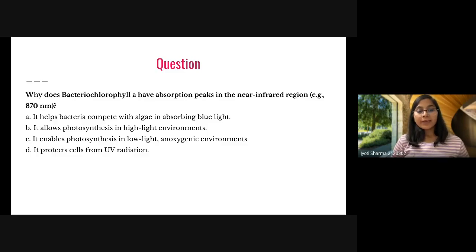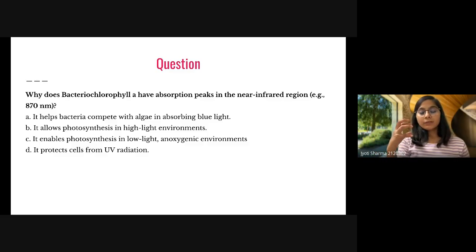Why does bacteriochlorophyll A have the absorption peak in infrared radiation? Such bacteria live not on the top of the river or lake, but at the bottom, where they do not have much sunlight. Whatever sunlight is present there will be very diffused and will not have high energy. Lower energy means higher wavelength, because higher wavelength means less energy.